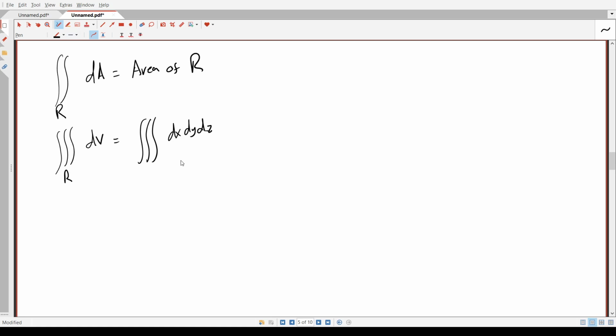So now I'm integrating in three directions, over some region. So now we don't have area, we have volume. Okay, so this is going to be the volume of R. So this is actually going to let us evaluate the volume of very weird shapes.